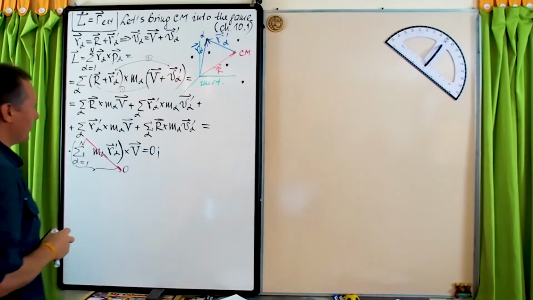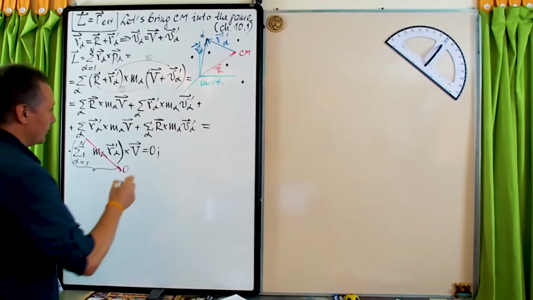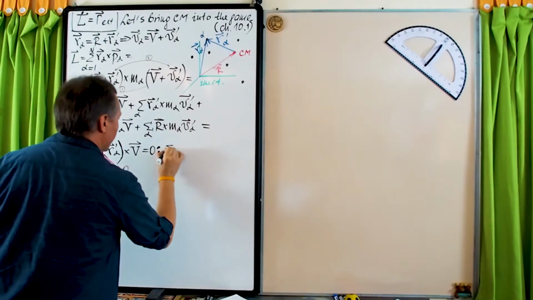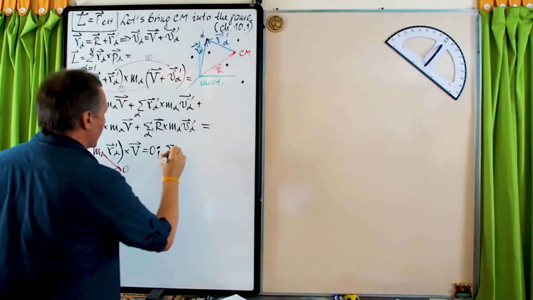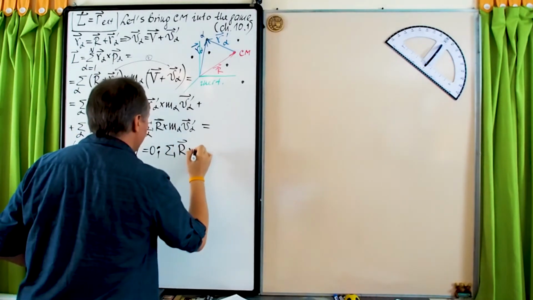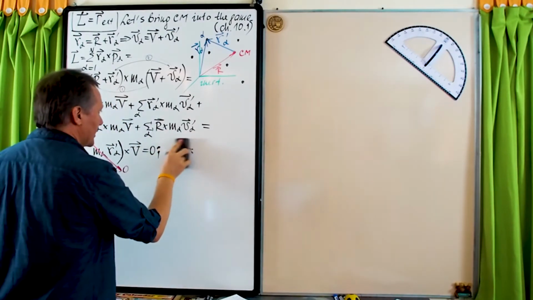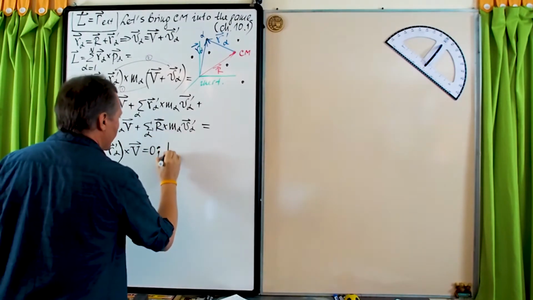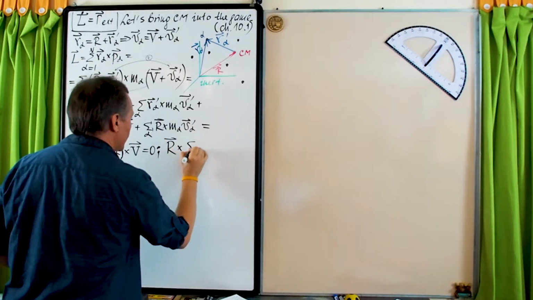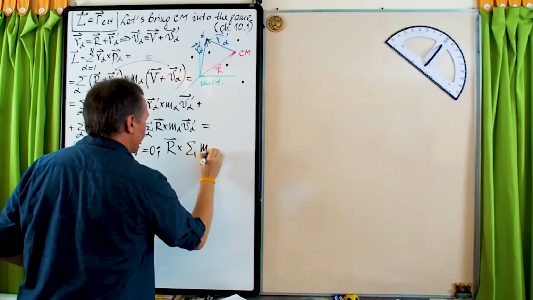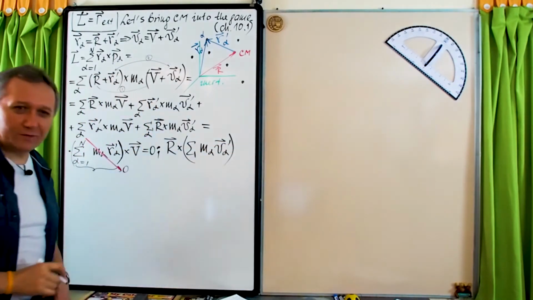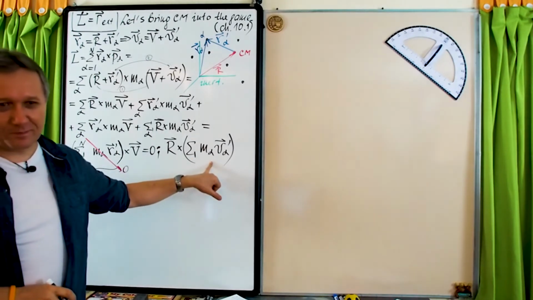And then also look at the second term. To save space, I will just put a semicolon and rewrite the second term. R can be taken outside of the sum. It will be R cross summation of m alpha v alpha prime. Again, what's the value of this sum?